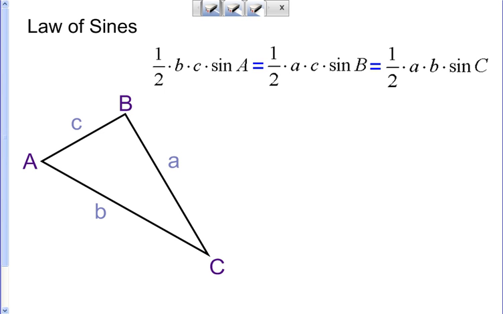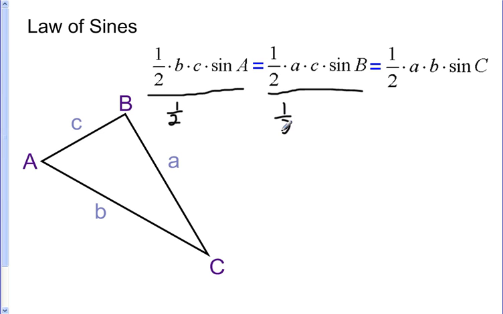So what I want to do then is some algebra here. We're just going to divide every equation by 1/2. So let's do that. And then we're going to divide every equation by A, by B, and by C as well.